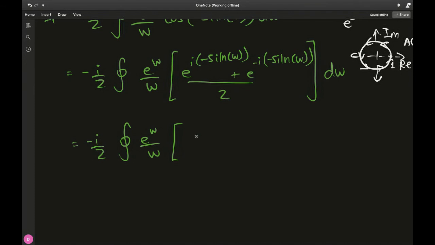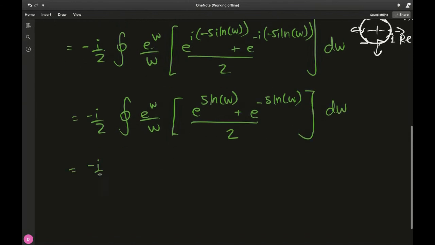and this will just be e to the 5 times natural log of w plus e to the negative 5 times natural log of w over 2, because i squared is negative 1.